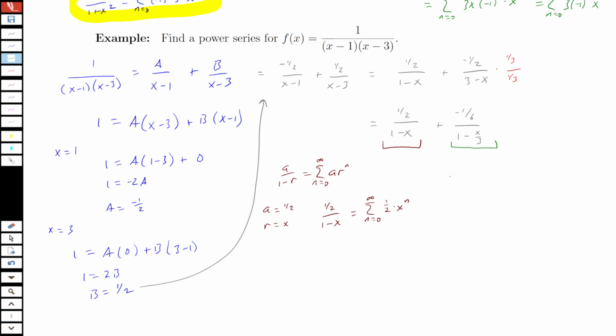For this one, if I pick the a to be negative 1/6 and I pick the r to be x over 3, I'll have a negative 1/6 over 1 minus x over 3 equals the sum from 0 to infinity, negative 1/6 times x over 3 to the n.